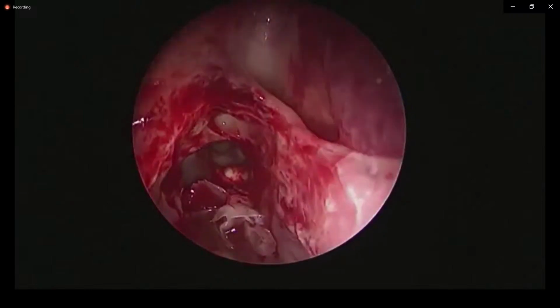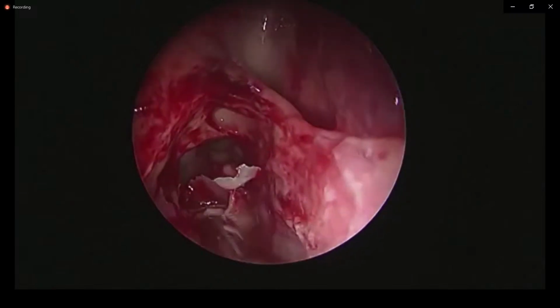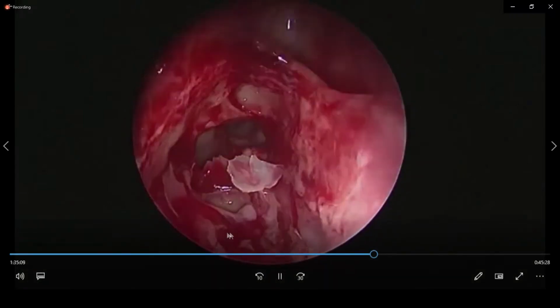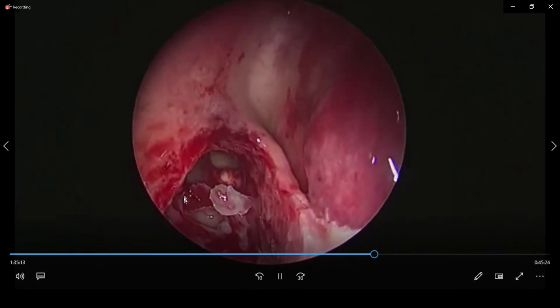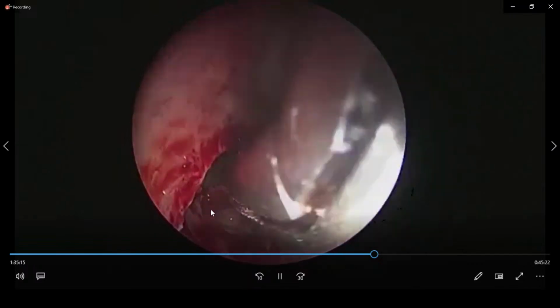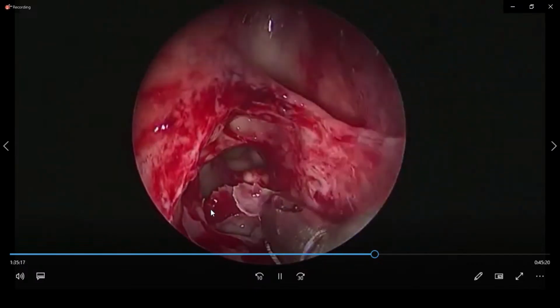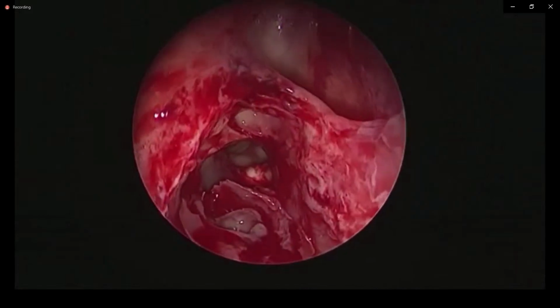See now, as we go posteriorly, this posteriorly is a different cell. This is the cell posteriorly. Anteriorly, the frontal sinus. And this posterior cell leading laterally above the orbit is going to be the supraorbital cell.